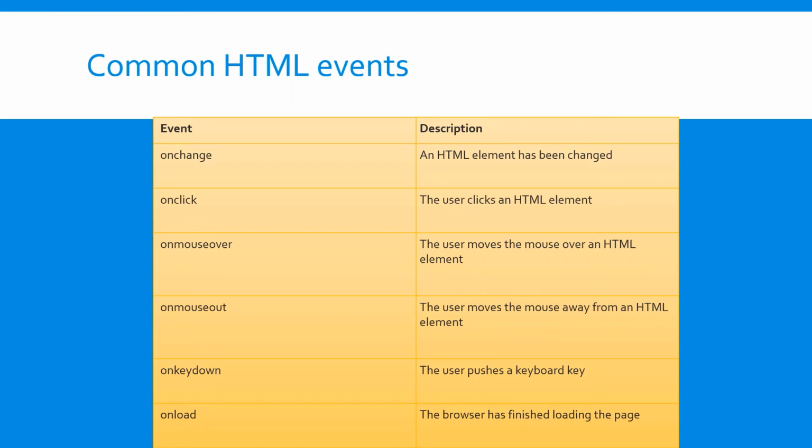Likewise onclick, when the user clicks an HTML element, which calls an event and performs an action. Or onmouseover, when the user moves the mouse over an HTML element, the mouseover event gets triggered and makes JavaScript do something in the page.